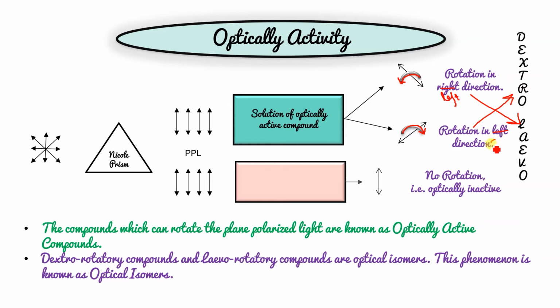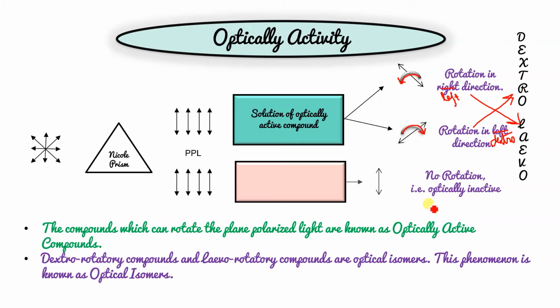Hope it is clear. If that light is not going to rotate in any fixed direction, then this substance will be called an optically inactive substance. There is no rotation. The compound through which we have passed this PPL is called optically inactive.